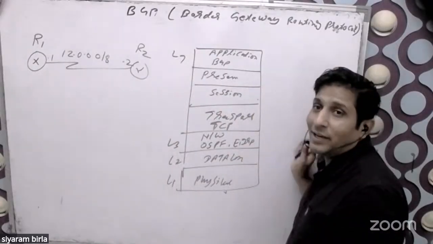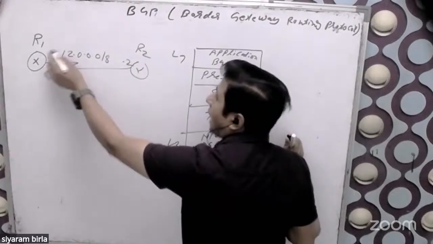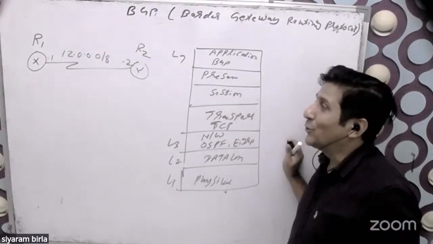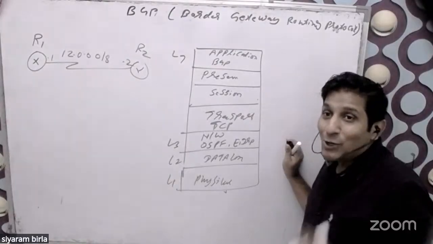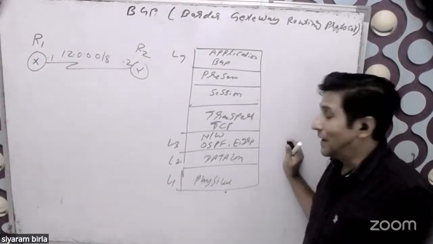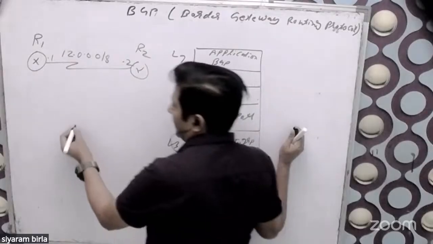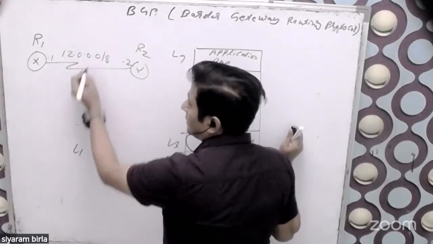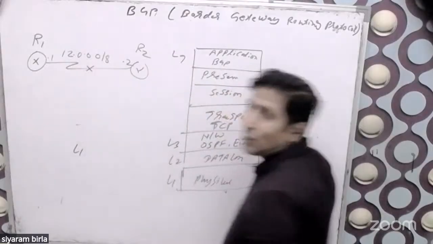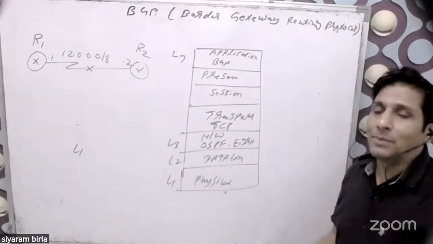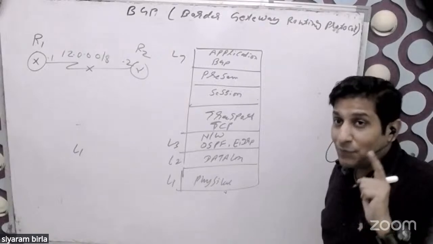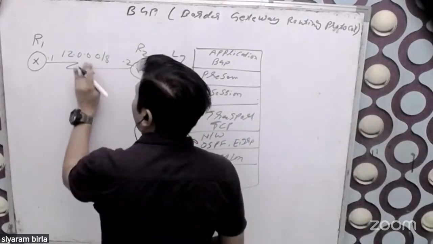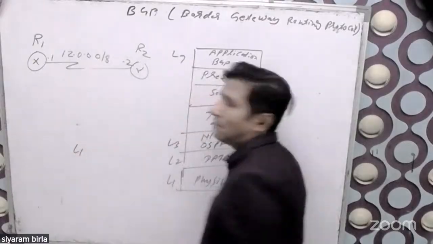If you want to create the neighborship between R1 and R2, you need layer 1 up. What do you mean by layer 1 up? If this physical link goes down, BGP will never come up. So BGP's first requirement is that layer 1 should be up.